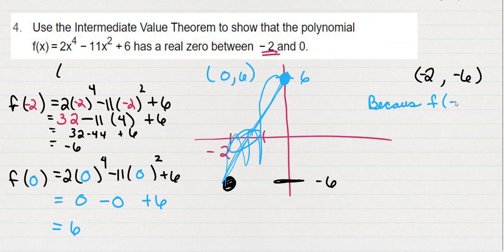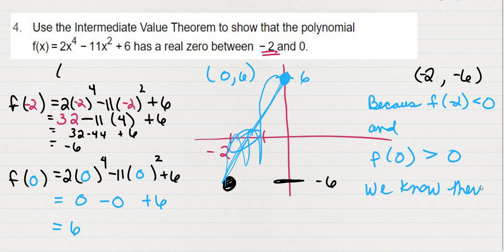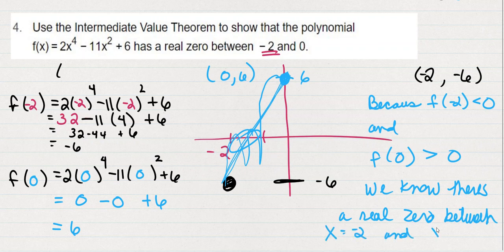Because f of -2 is less than 0, and f of 0 is greater than 0, we know there's a real 0 between x equals -2 and x equals 0.